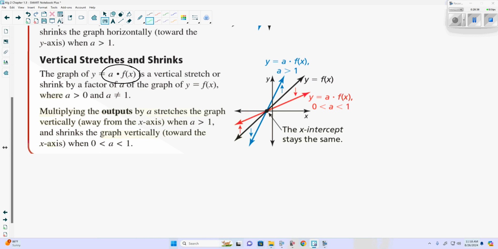Stretch or shrink, it's the same form. Does not matter. A times f of x. Because if it's a shrink, we're just going to use whatever that value is in place of it. If it's a stretch, we use that value. Does that make sense? Yes? Okay.